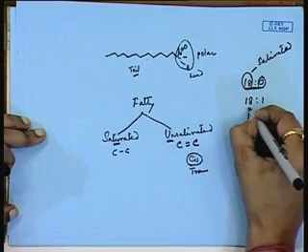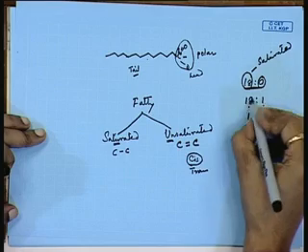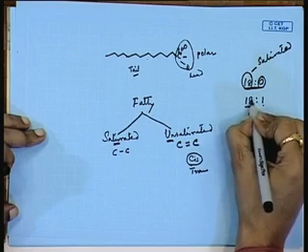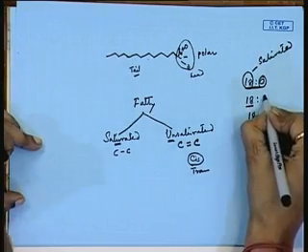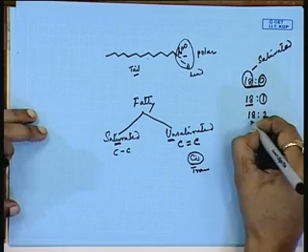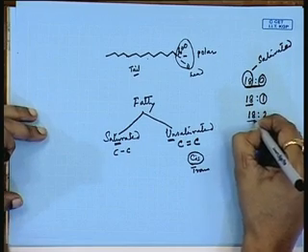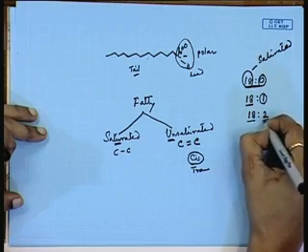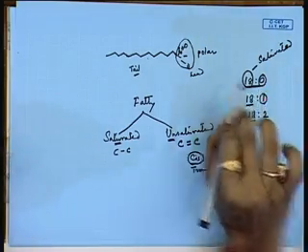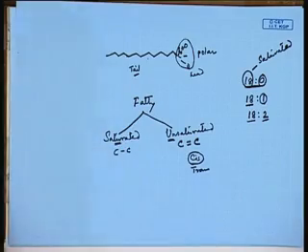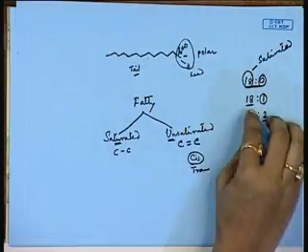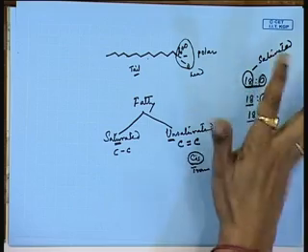When we are getting 18:1, that indicates that 18 carbon atom containing fatty acid chain, and one double bond is present in this. 18:2 means 18 carbon fatty acid, two double bonds are present in this particular molecule. And this is the meaning of this particular 18:1, 18:2, 18:0 and so on.